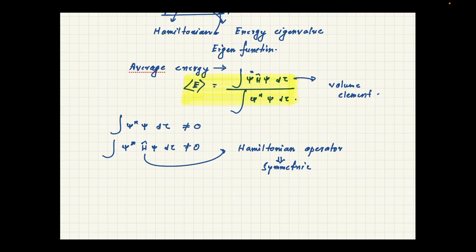Let's consider a molecule which belongs to a particular point group or symmetry group. If you construct the Hamiltonian corresponding to that molecule, then that Hamiltonian will be symmetric with respect to all symmetry operations belonging to that particular point group.